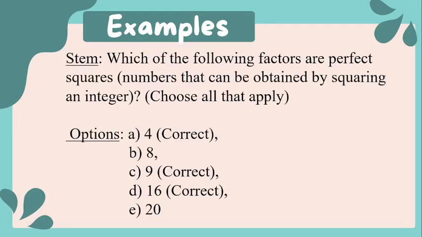So we have an example. Which of the following are perfect squares? Numbers that can be obtained by squaring an integer. Choose all that apply. Notice our options here. We have 5 options, and 3 of them are the correct answers, and 2 of them are the incorrect ones. So in the multiple choice with multiple answers, we are going to select all correct answers that we know.